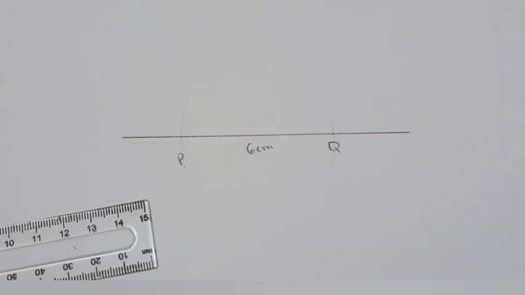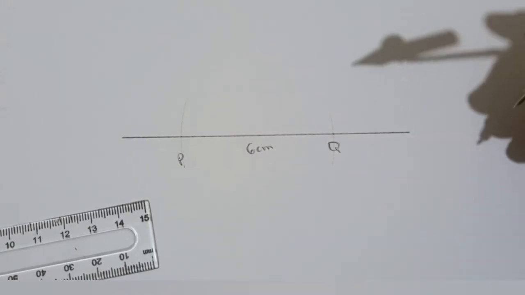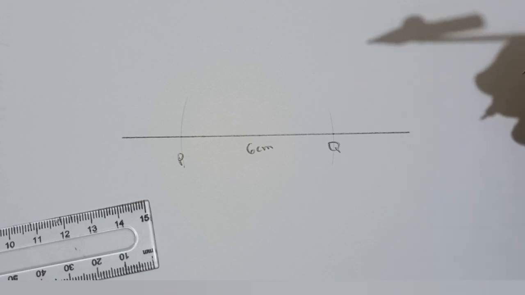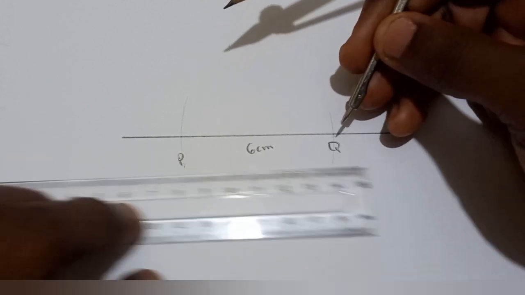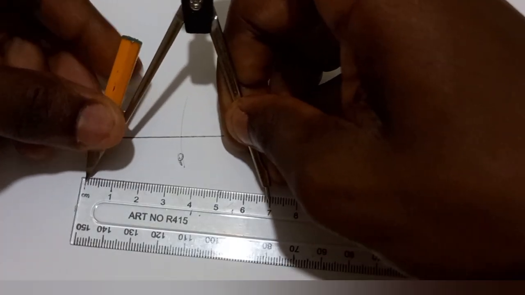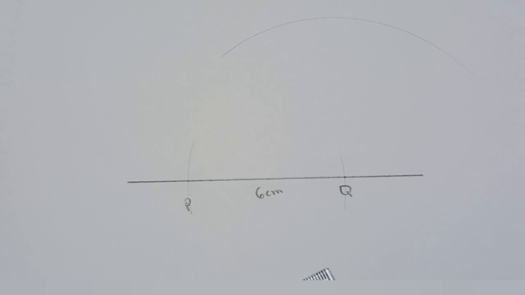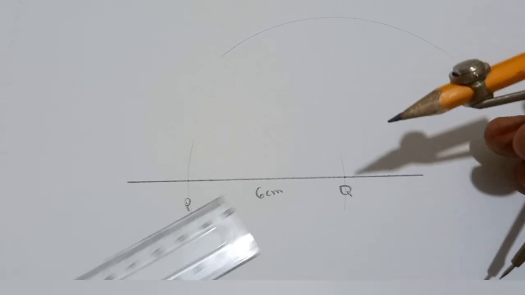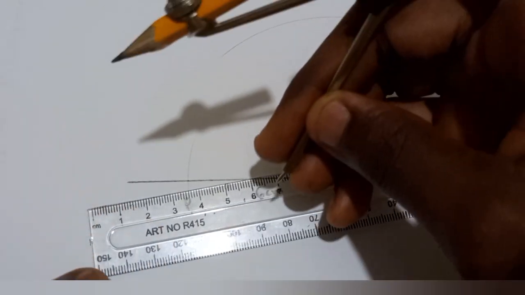So the next is R, the Q and R, line QR, that's 7 centimeters. And PR, that's 8 centimeters.